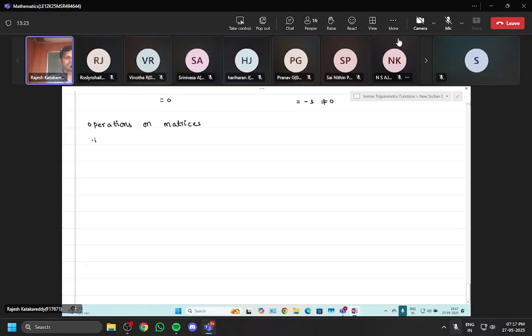We will see first of all equality of matrices. When we say two real numbers are equal, or two functions are equal, or two variables are equal, we know what it means. Here also we will say when two matrices are equal, and that comes under equality of matrices.